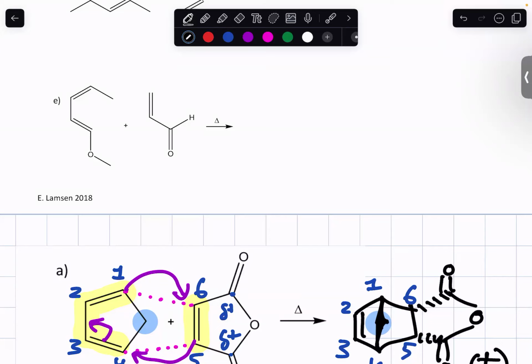We have to rotate that single bond in the diene to make the s-cis configuration and then react with the dienophile. And there's also other considerations as well, such as the EDGs, EWGs, and the partial charges have to align. If they don't align, we have to flip one of the groups. And I'll go over those examples as well.